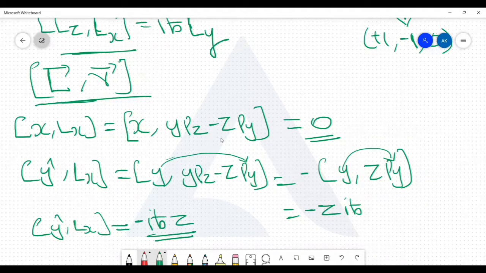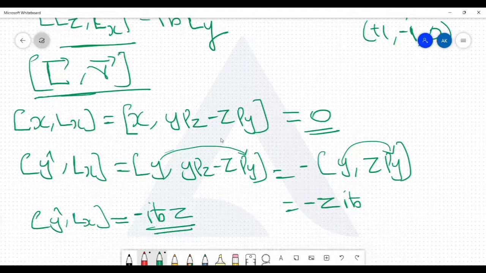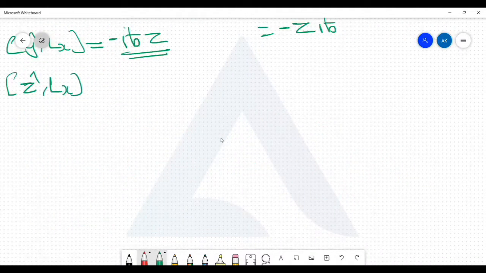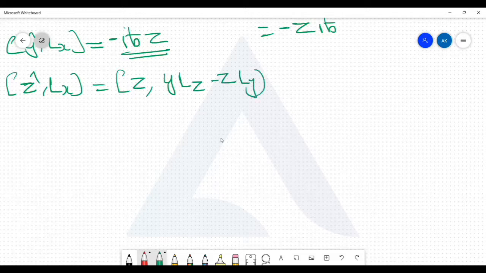Similarly, you can find z L_x. That will be z L_x is y p_z minus z p_y. Of course, z with p_z is there, that will exist. Therefore, you will have z L_x equal to iℏ y.